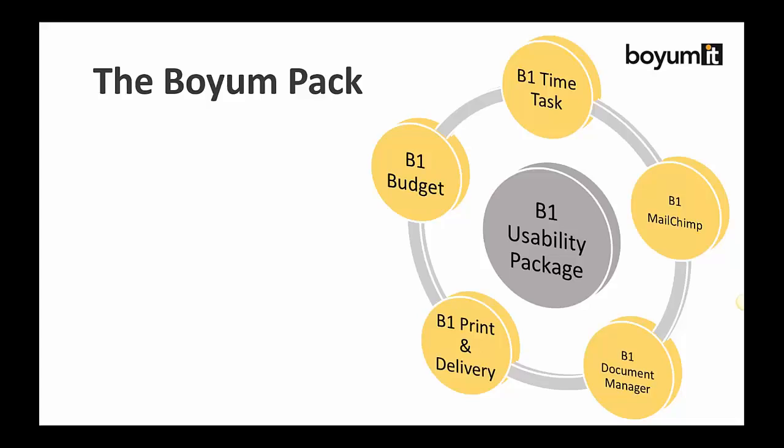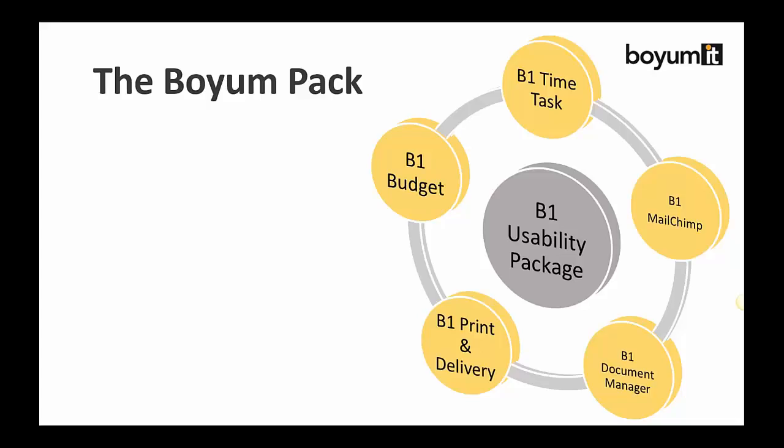And the B1 Document Manager allows you to attach documents into the system, not to the attachment folder, but into a folder where we divide documents by business partners and items, and we add meta tags to those documents that later make it very easy for us to search for them.